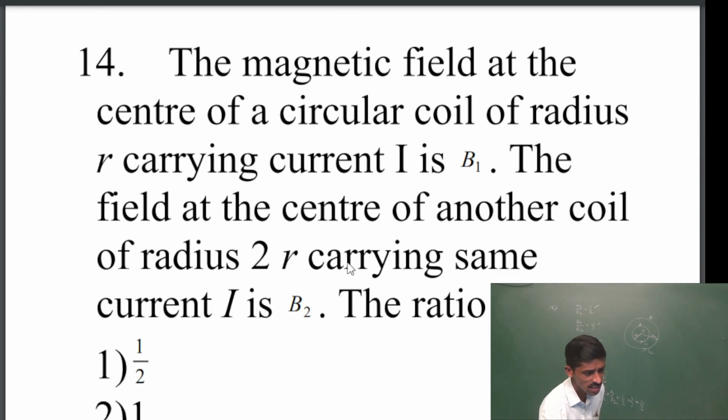Next question. The magnetic field at the center of a circular coil of radius R carrying current I is B1. The field at the center of another coil of radius 2R carrying the same current I is B2. B1 by B2 is the same question, same model as question number 14.